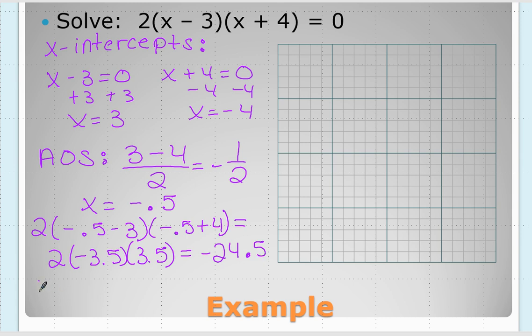So my vertex is at negative 0.5 and negative 24.5.